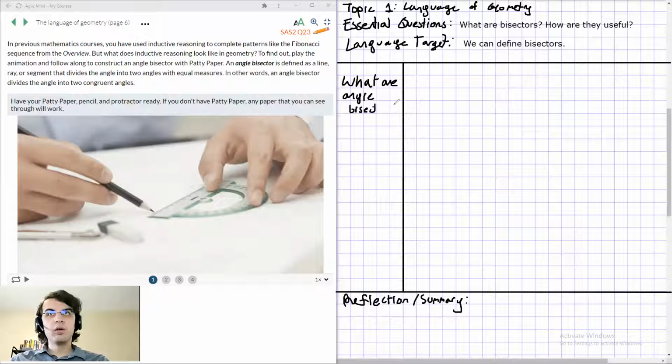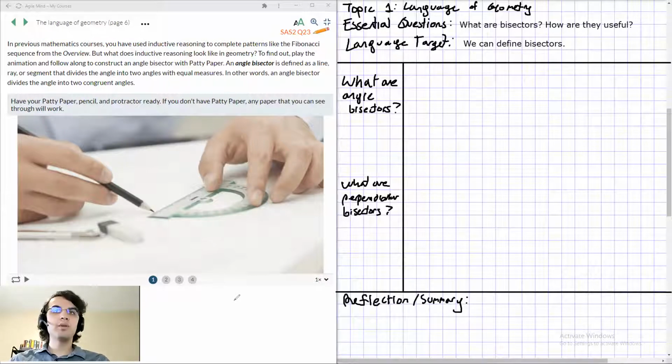And what are perpendicular bisectors? Notice I like to phrase these as questions, right? You don't need to, but I like to phrase them as questions. And you're going to see it really helps us understand what in the notes that we want to take, right? Out of the Agile Mind notes, what are we going to transcribe in our notebook? The phrasing it as a question really helps answer that for us, okay?